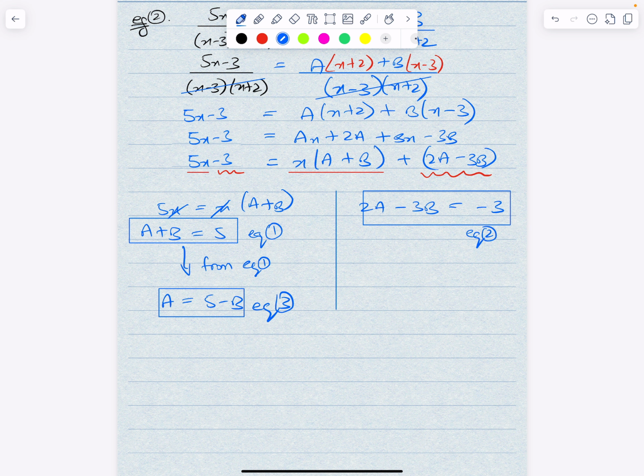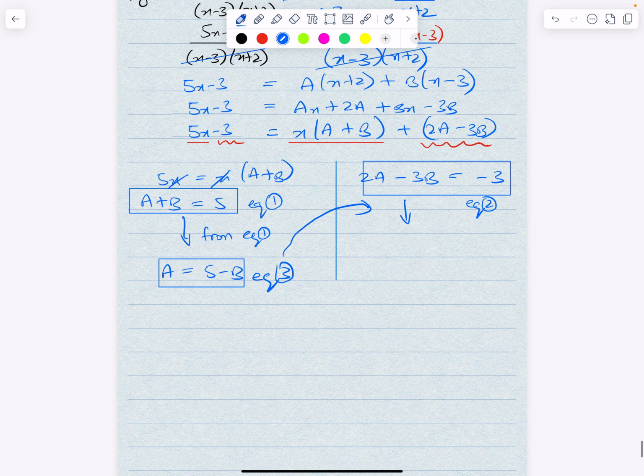I substitute equation 3 into equation 2. So I have something like 2(5 minus B) minus 3B is equal to minus 3. And I have 10 minus 2B minus 3B, and I have something like minus 5B is equal to minus 13.